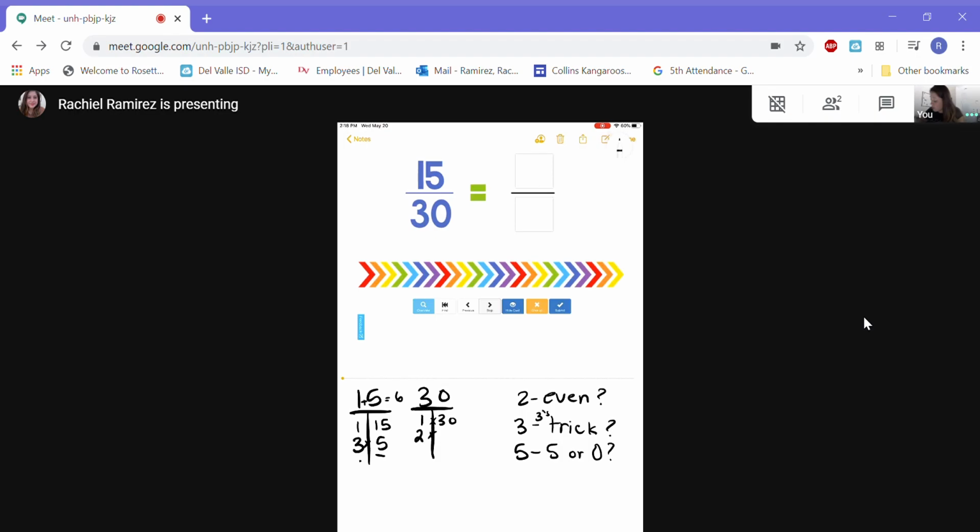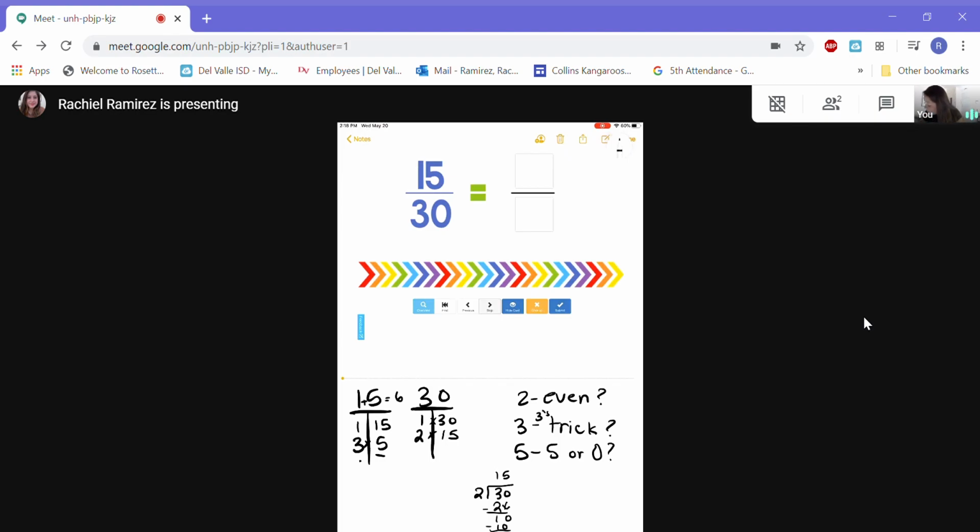If you don't know the answer right away, you can always divide it out. 30 divided by 2, we're trying to find that mystery number. 2 can go into 3 one time, subtract, bring down. 2 can go into 10 5 times, subtract, you have 15. So 2 times 15 equals 30.